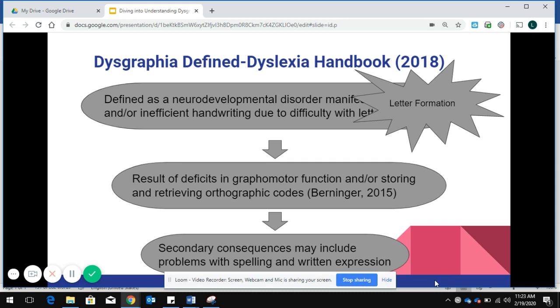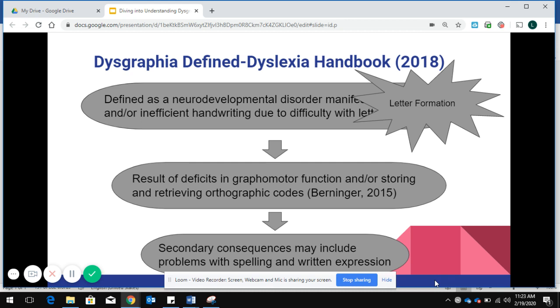When they struggle forming the letters or they struggle to remember how to form those letters, their handwriting gets impacted. Not necessarily all students with dysgraphia are going to have messy or sloppy handwriting. We will see some students that have somewhat legible handwriting, but their letter formation takes a long time because it takes them a long time to remember how to form the letter.